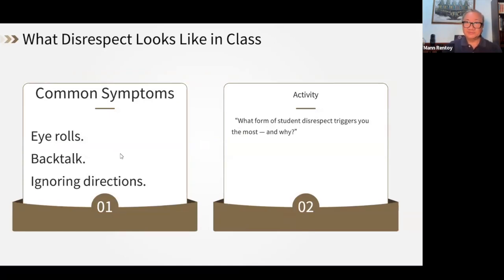Eye rolls. You've seen students like that. You tell a student, John, keep quiet. And then John rolls his eyes like that. And you feel hurt. I mean, sometimes you feel insulted. You feel like, what on earth is this guy doing? How dare he roll his eyes like that on me?